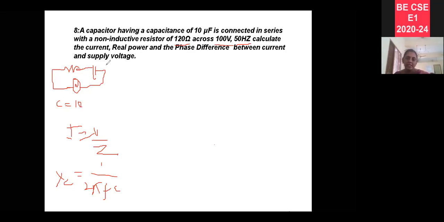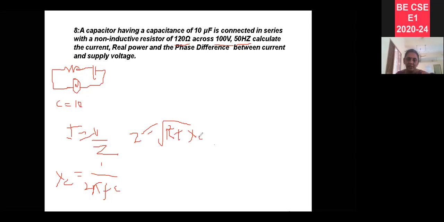After calculating the XC value, calculate the impedance value. Impedance, you know the formula, right? Z is equal to square root of R square plus XC square. R value, you know, it is going to be 120 ohms. Z is equal to square root of R square plus XC square.